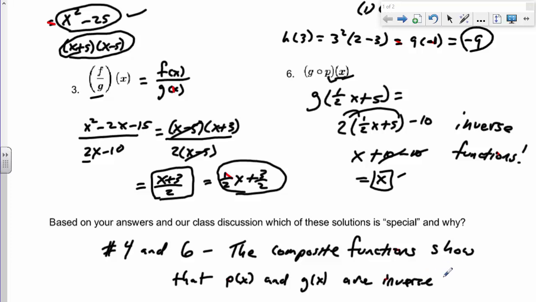Inverse functions, or anything similar to that. That's what you should have seen. Let's go on to the following question now, the following page.